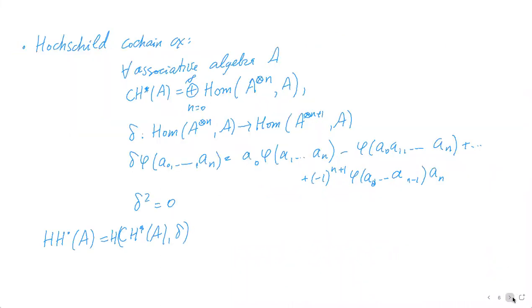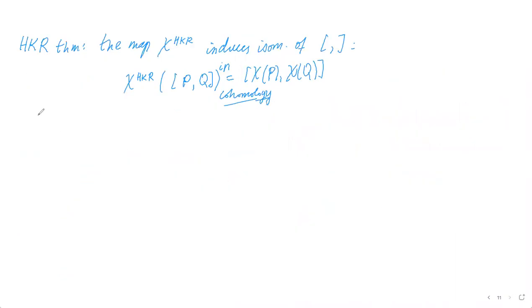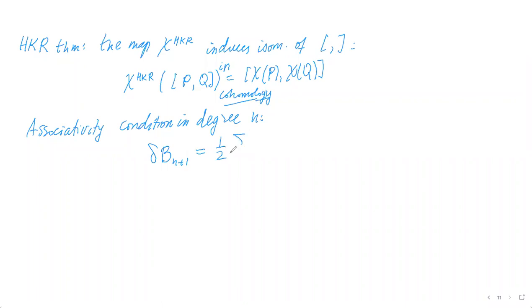If you go on a bit further, you see that at the nth degree, your associativity condition has the form delta B_{n+1} is equal to 1/2 of the sum over p plus q equal to n plus 1 of the bracket of B_p and B_q, if we put B_1 equal to just the bracket.